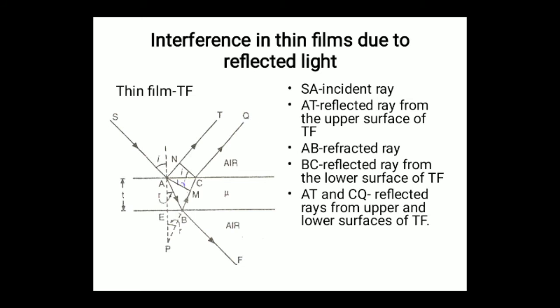And AE is produced to meet the point P and then join the line PB.